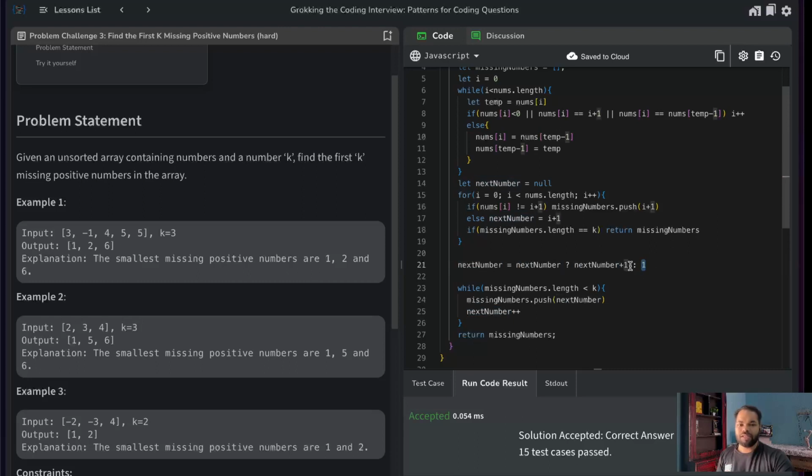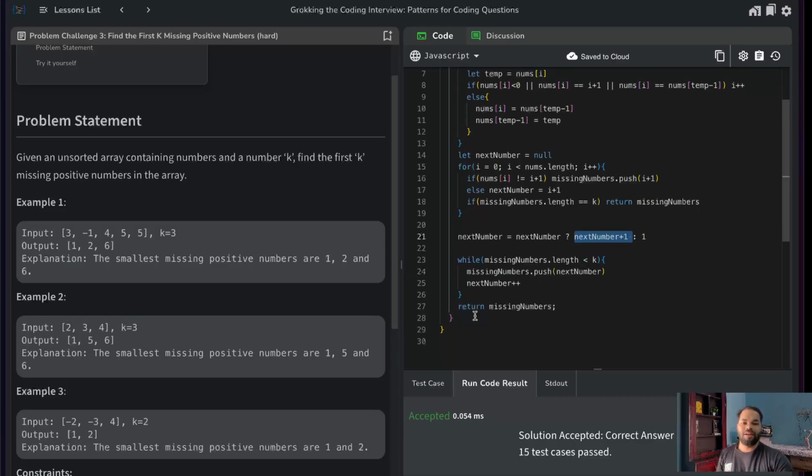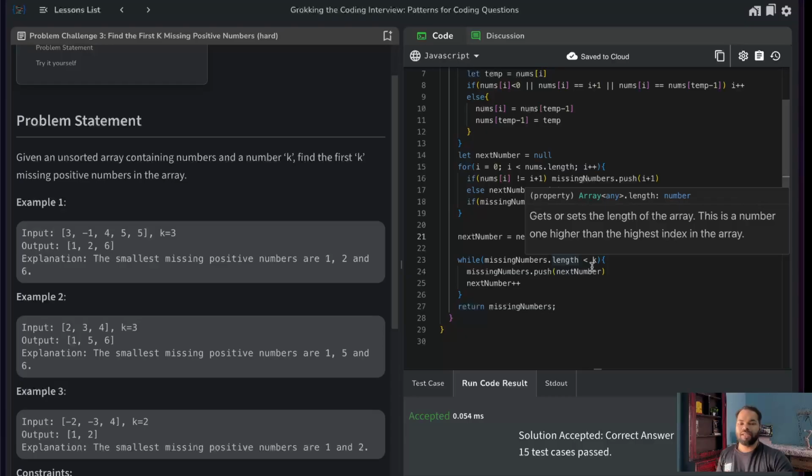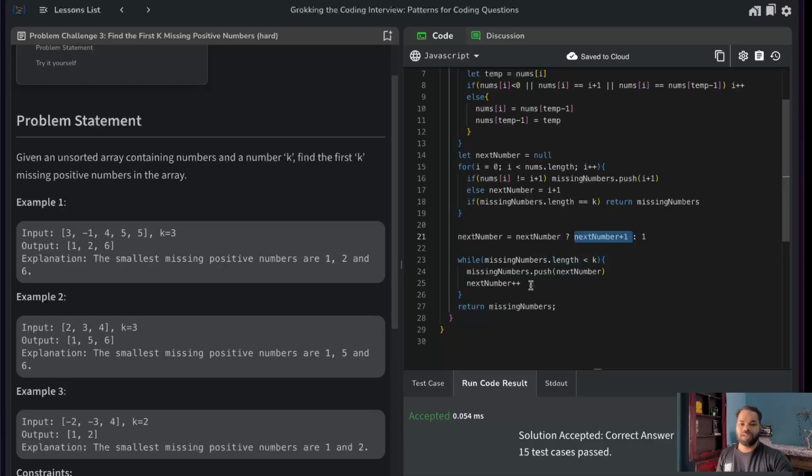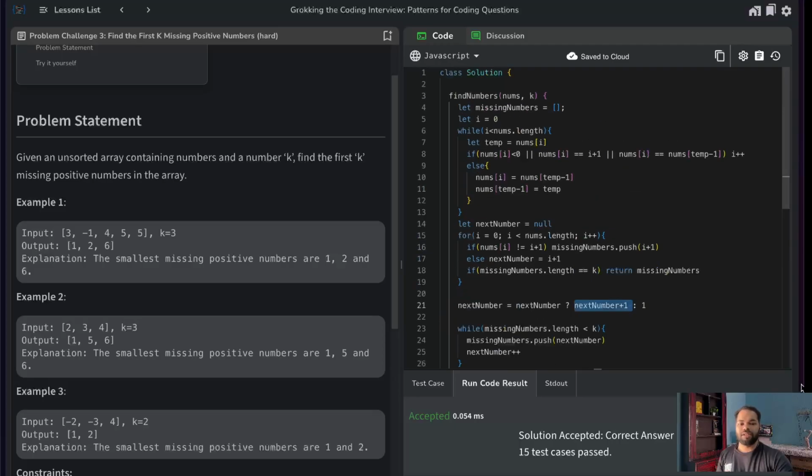And if it is ever set, then it will be next number plus 1, because we don't want to push the 5 in it. The next number will become the 6. And then, while the missing numbers are fewer than k, we just push the next number into it and then increase the number. And that's it. This is the solution, and we solved it.